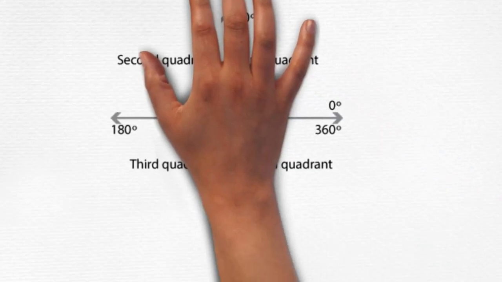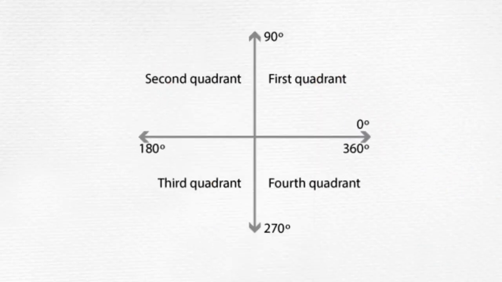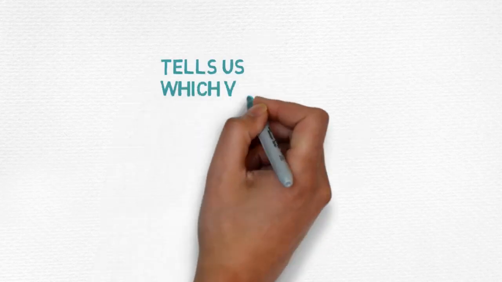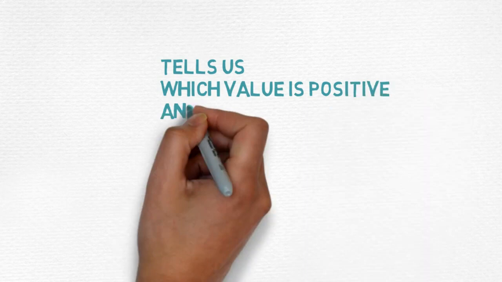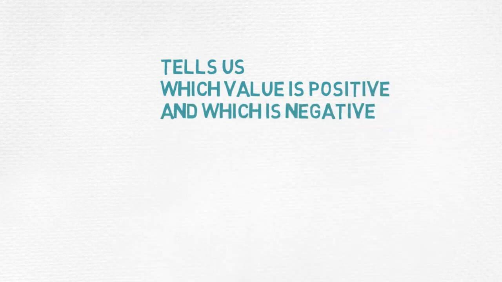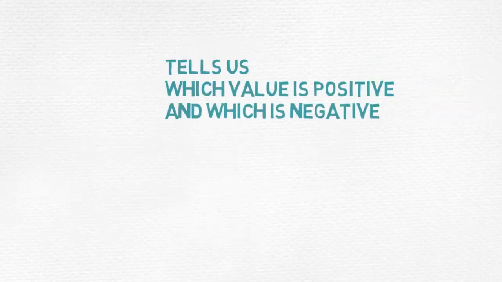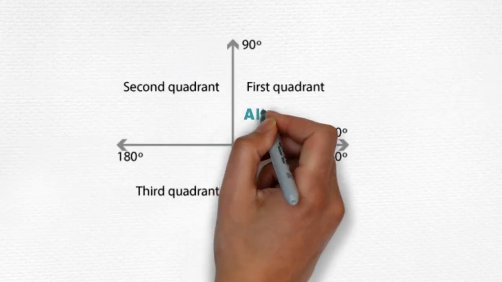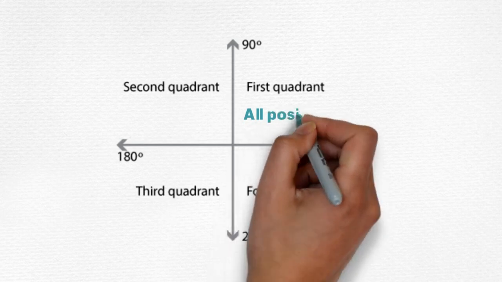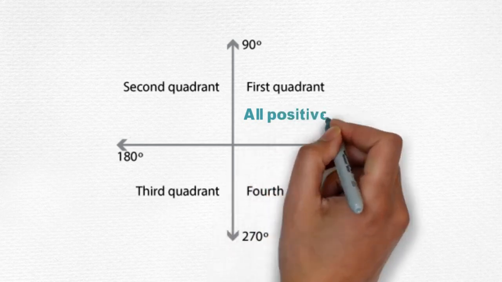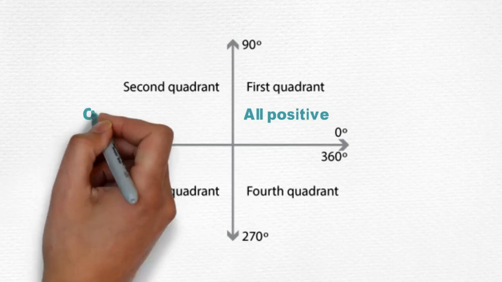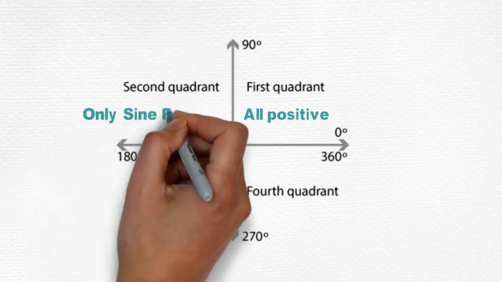This is a diagram of a quadrant. There are 4 quadrants here. The quadrants help us remember which values of the graphs give us positive and which values of the graph give us negative. As we can see in the quadrant, in the first quadrant, all values give us positive. In the second quadrant, only sine gives us positive.